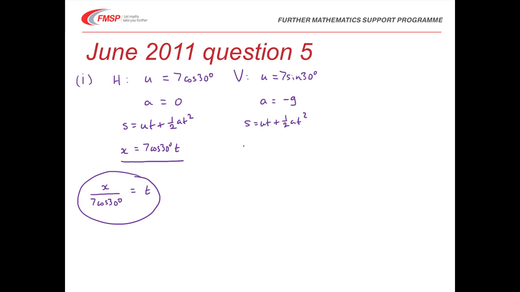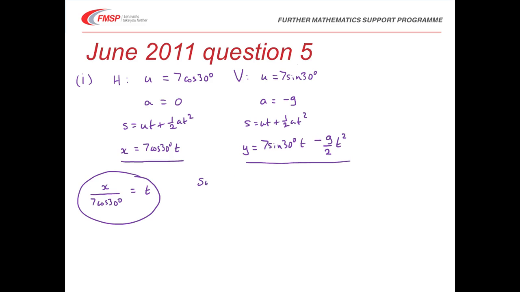Well, the vertical displacement is y. The initial vertical speed was 7 sine 30 degrees, and that is multiplied by t, plus a half of a. Well, that's plus a half of minus g, so it's minus a half of g times t squared. And there's my expression for y in terms of t.